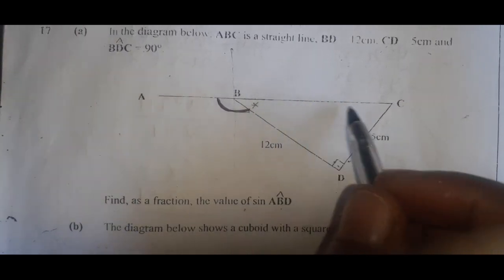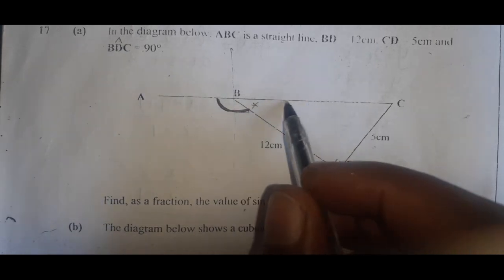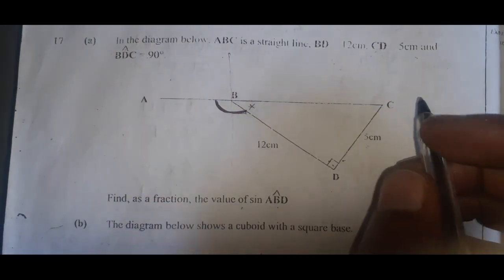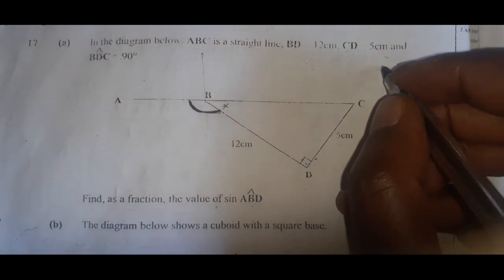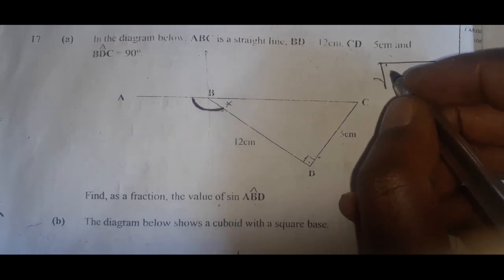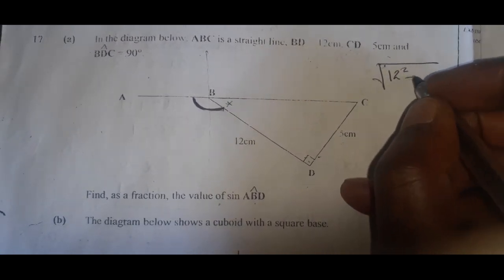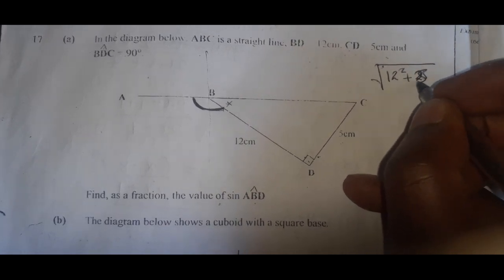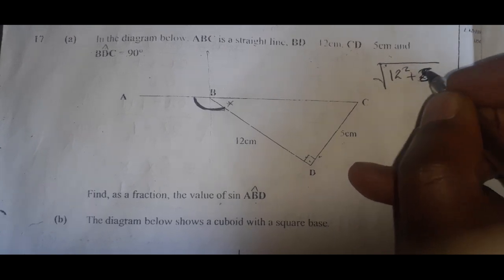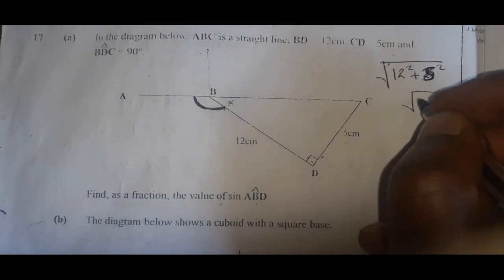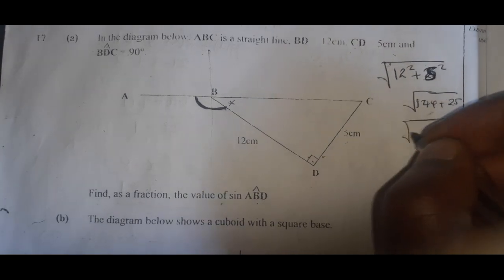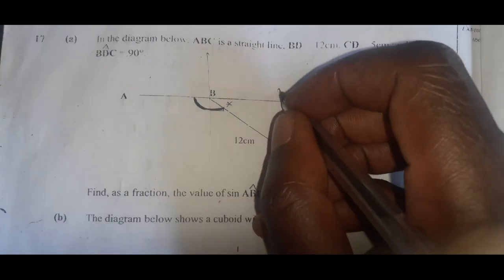You just say 12 squared plus 5 squared, which is 144 plus 25. This is going to give you 169. The square root will be 13.